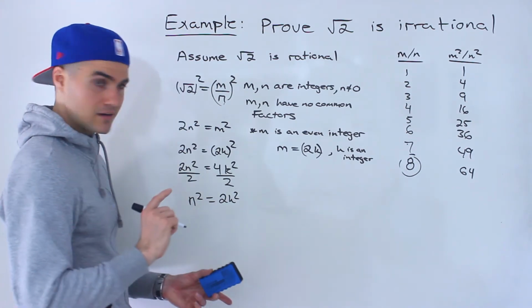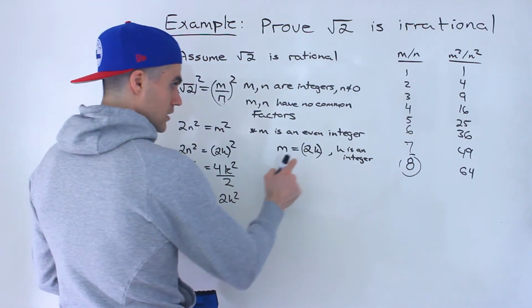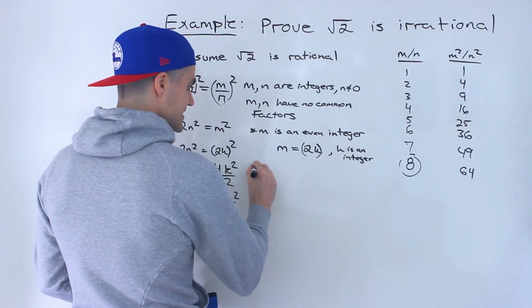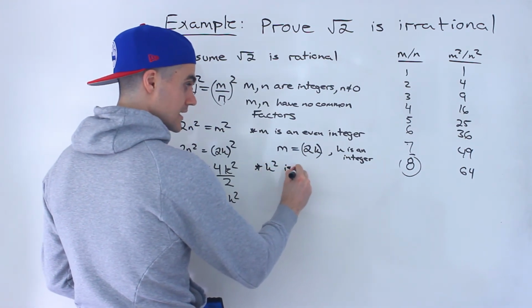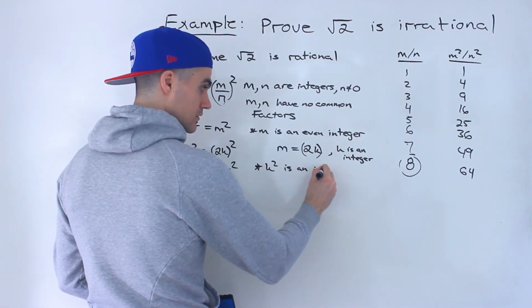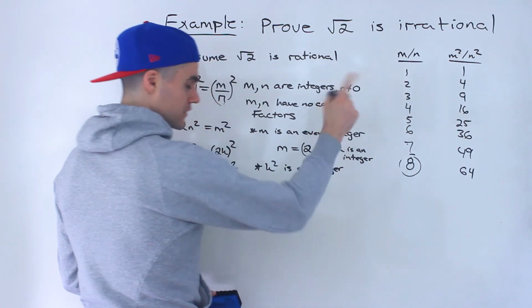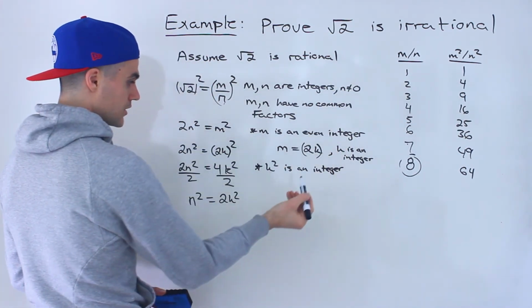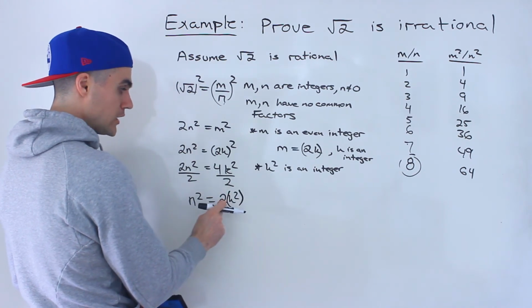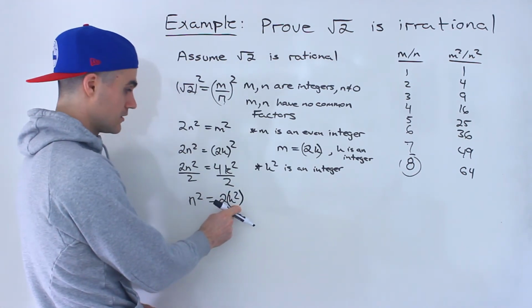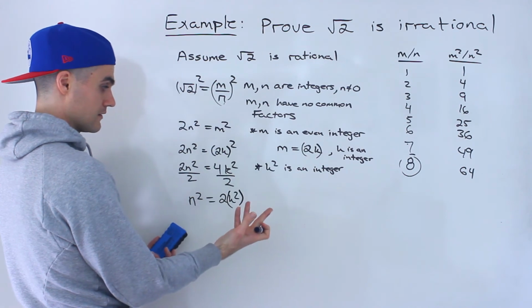And what happens here now is we stated that k is an integer, so we know k squared is an integer. In fact, it's going to be a perfect square integer, but I'll just write integer here. So k squared is an integer, and we know that 2 times an integer gives us an even integer.